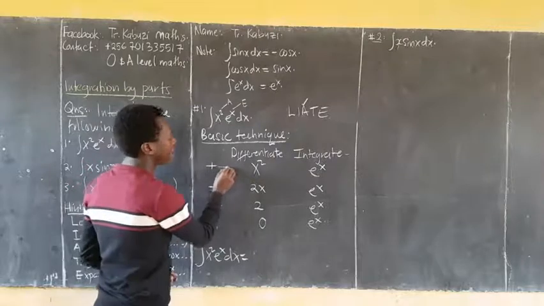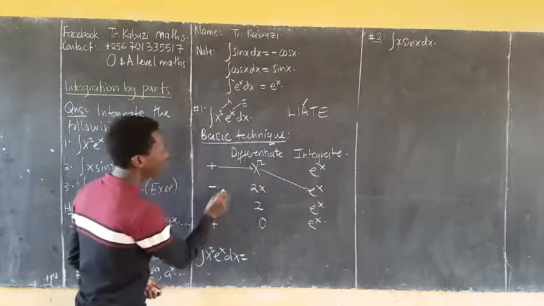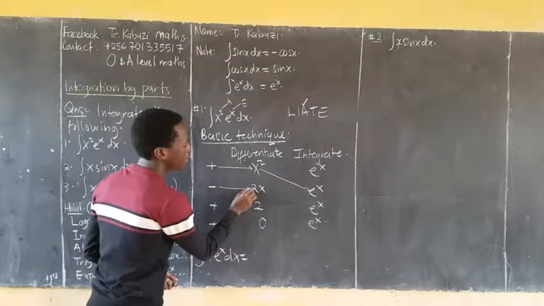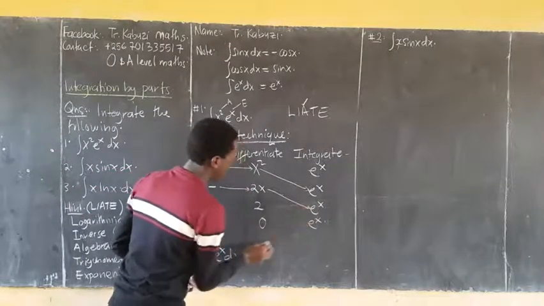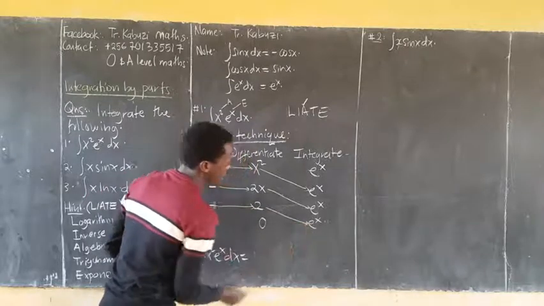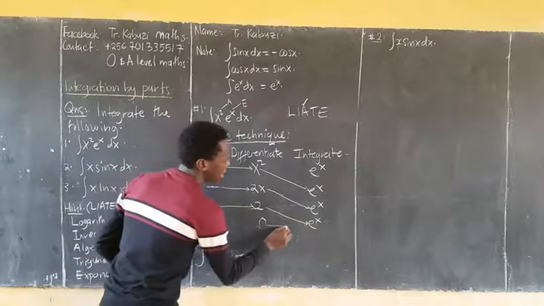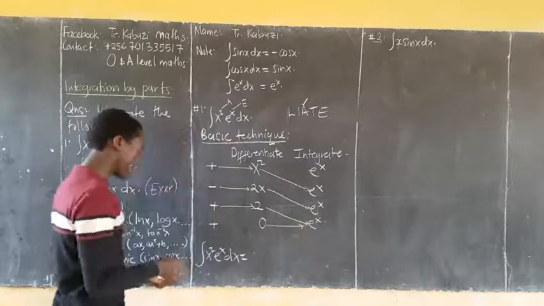Now, my integral of x squared e to the x dx is going to be, this is how we do it. We take this like this and then like that. We take this times this times that. This times this times that. And this one, there is nothing after it, so I just say this times that.